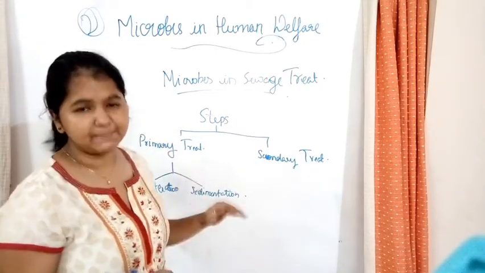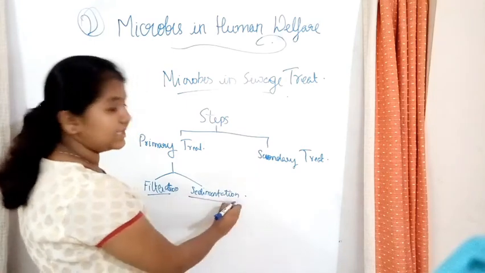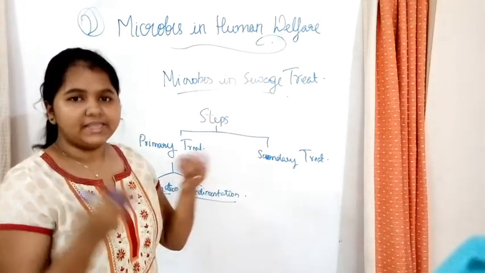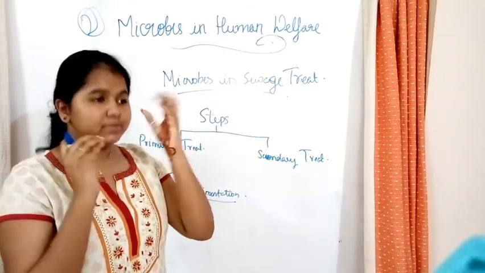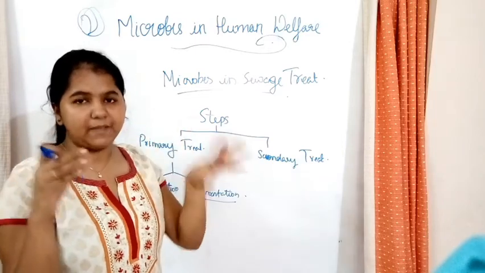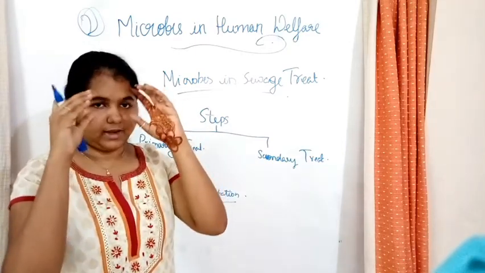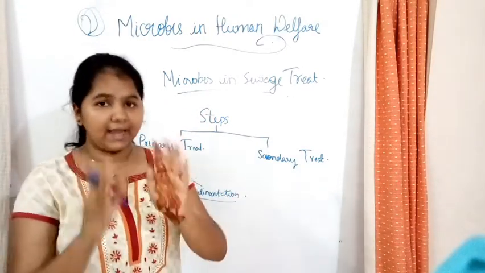There are two steps under primary treatment. The first one is filtration, and the second one is sedimentation. In filtration, large particles like stones, pebbles, plastics, papers, etc. are filtered out, and then the effluent after filtration is allowed to settle.